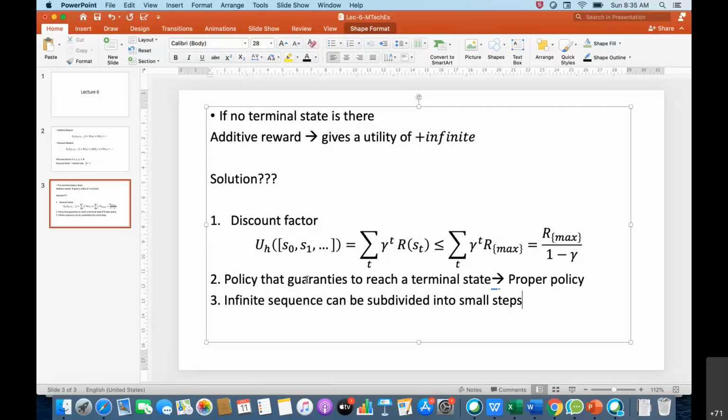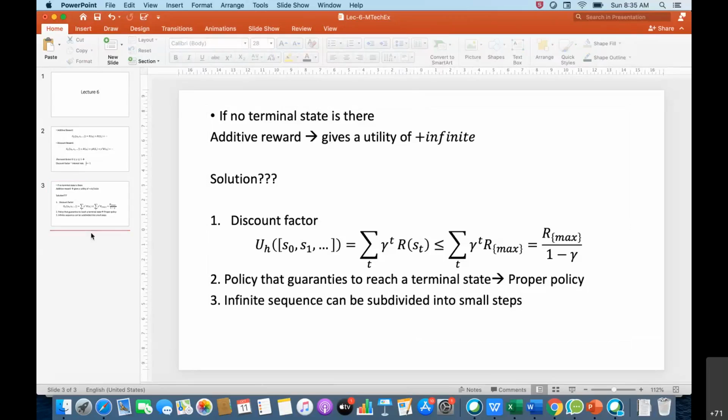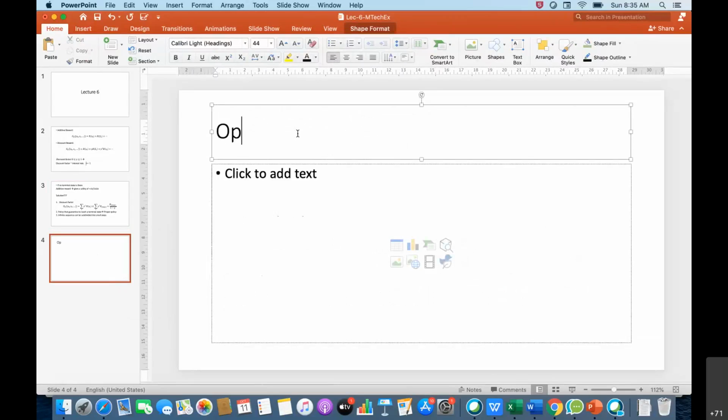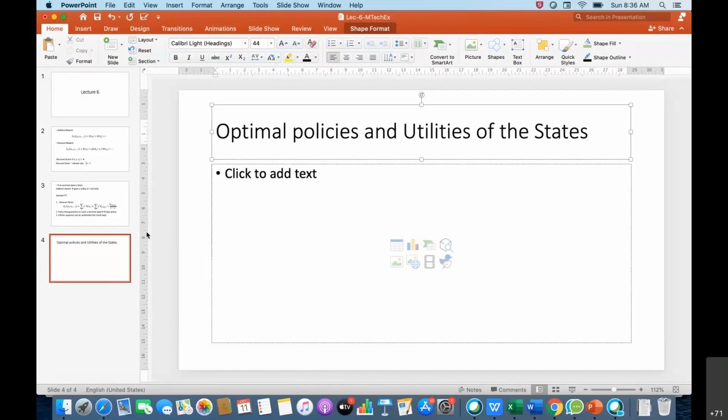Now here comes the relation between optimal policies and utilities of the states. What is the relation that exists between these two factors?